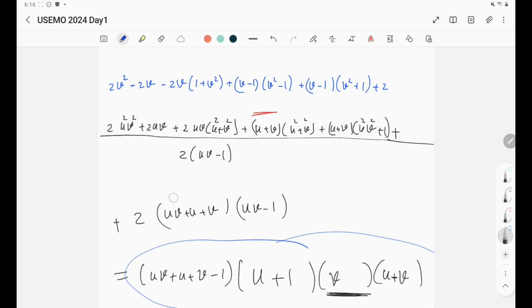Okay, this thing negative v plus v. uv will cancel the v, and u itself is negative 1, so it's negative actually.